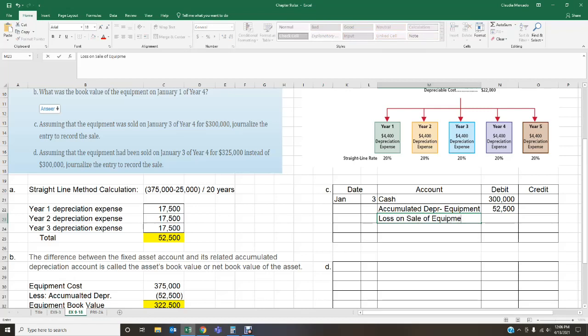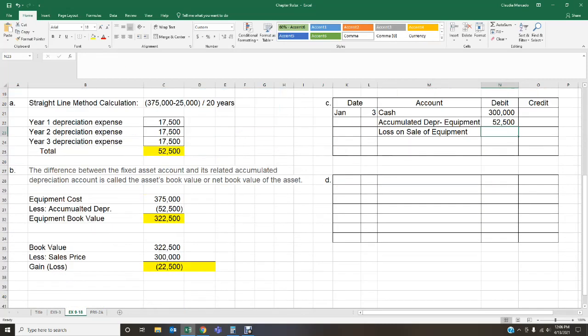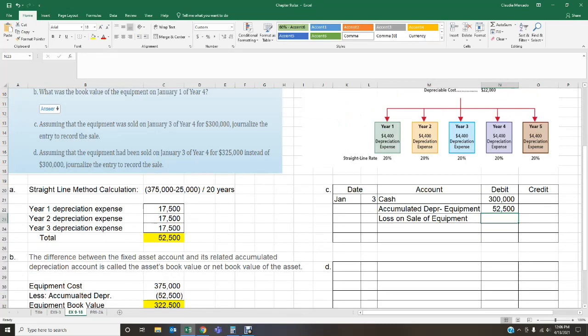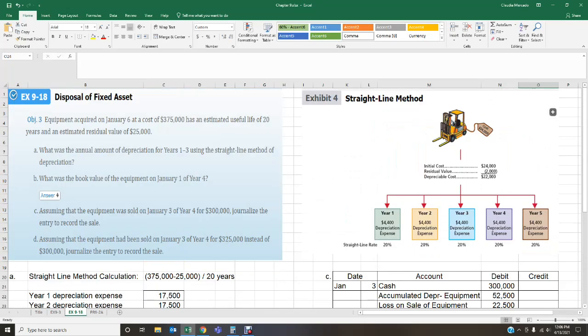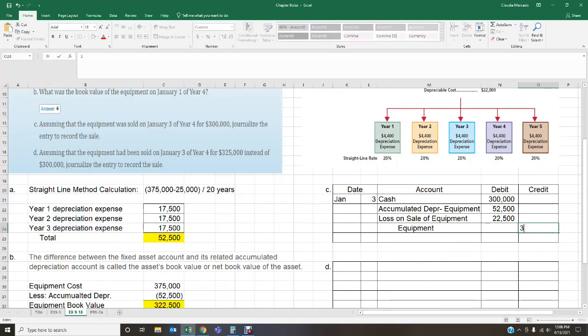How much money did we lose? Well, we lost $22,500. And very important, you're always going to clear your equipment account for the amount that you purchased it for, the amount that you had it on your books. I had my equipment for $375,000. Now what I like to do is make sure that my debits equal my credits, just to be on the safe side.